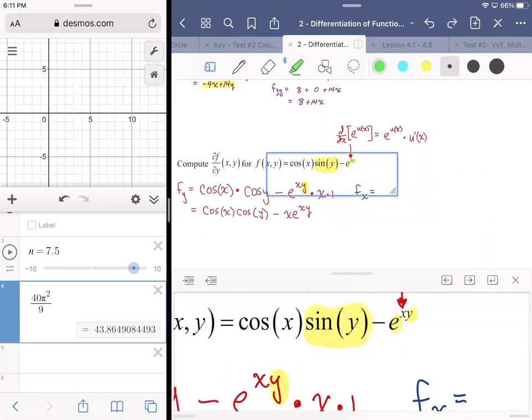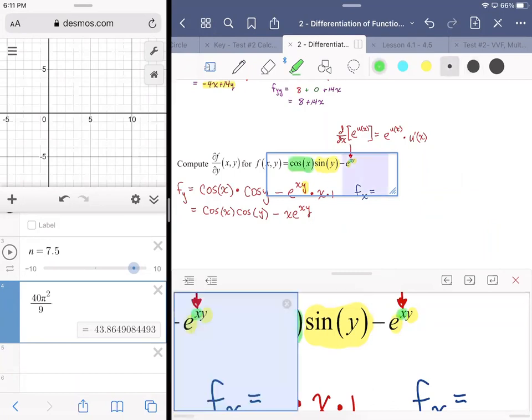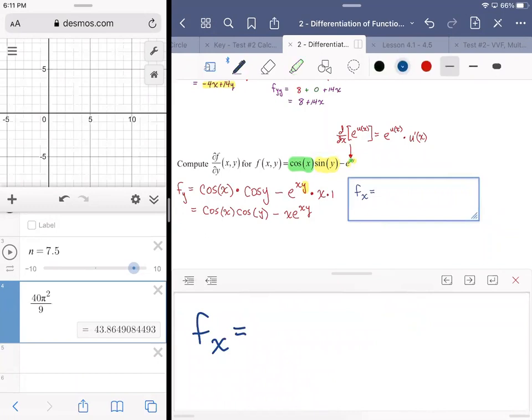Now we're going to switch perspectives here, and now we're going to differentiate with respect to x. So we're treating the y components as constant. The sine of y is now thought of as the constant multiplier of the cosine of x. So I'm going to hang on to the sine of y and keep going with parentheses.